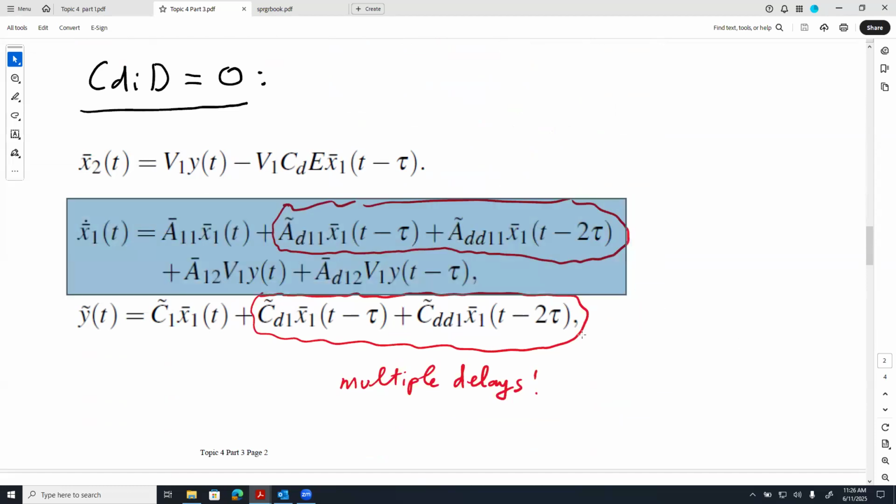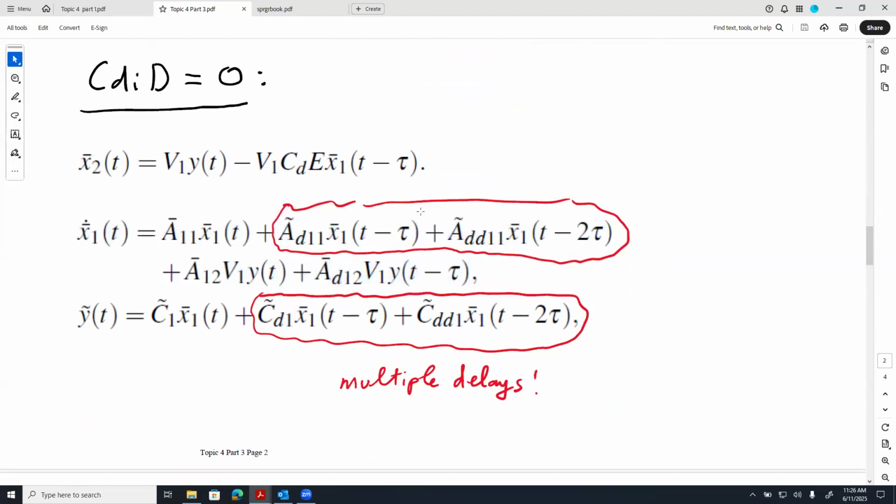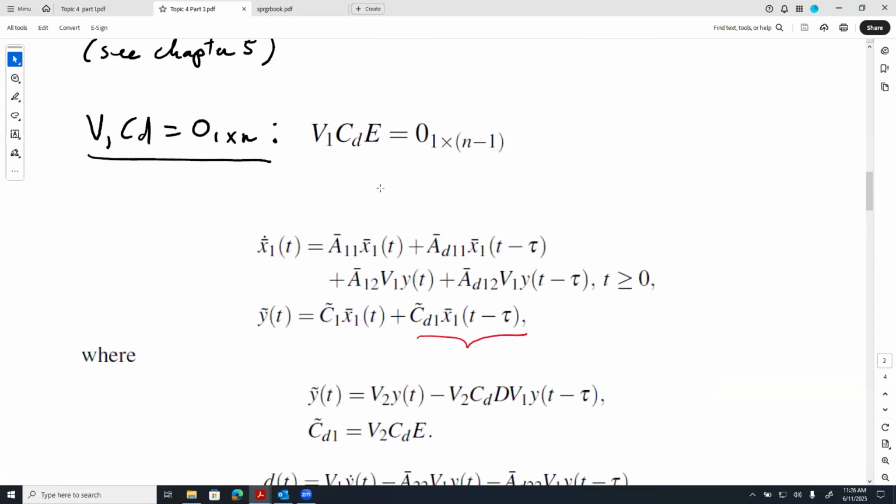The one I circle in dark lines in here tells that not only do we have a delay stack vector x bar 1 (t minus tau), we also have multiple delays in there. So you see that it's got multiple delays compared to the other condition, where we only have one delay stack vector.